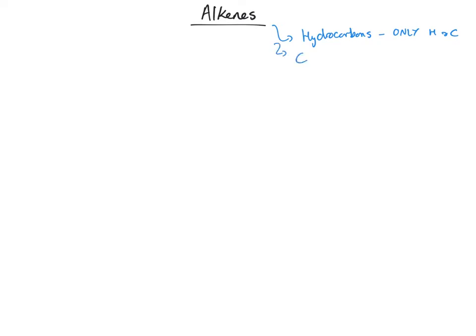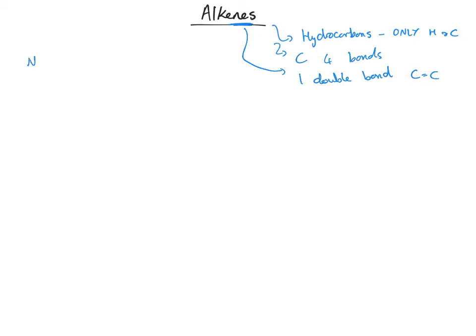Again, carbon tries to make 4 bonds. The ene part of this means it has 1 double bond. Okay, and this is between the carbons. There's 1 carbon double bond. And again, you have the same prefixes.